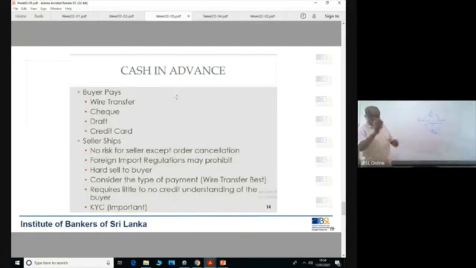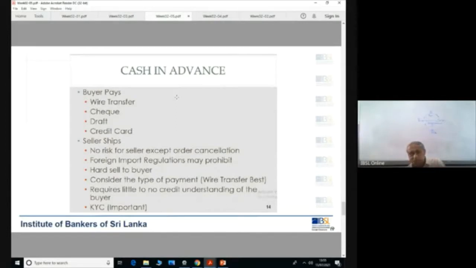Right? So, as per the presentation, the buyer pays either through wire transfer, check, draft or credit card. Then the seller ships the goods. No risk to the seller except order cancellation.